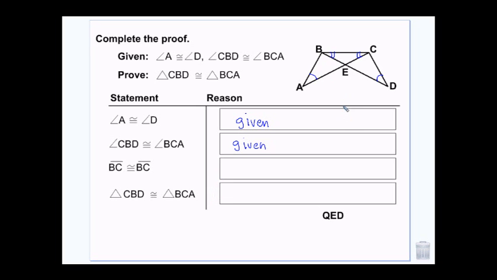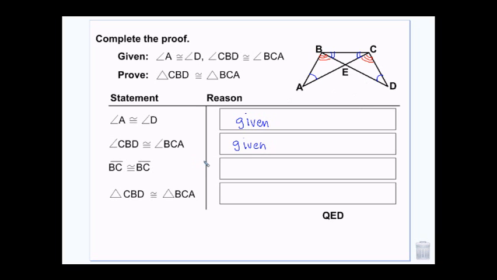What do I have? Let's just look at the picture for a second. Just looking at the picture, I have an angle, I have another angle. Now, this is a whole triangle, right? Which tells me that these have to be the same because triangles add up to 180.